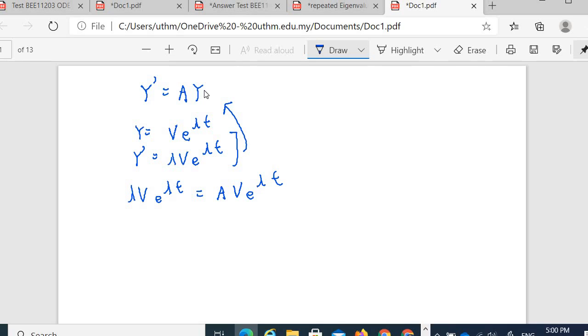Then we may cancel the e to the lambda t on both sides.